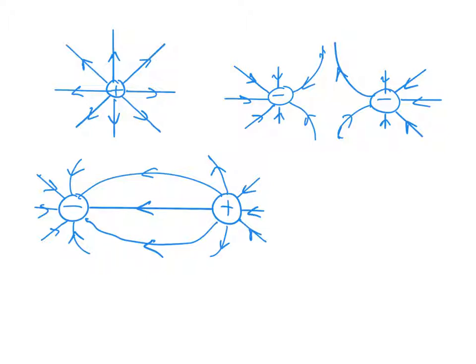Now, actually the whole point of this stuff for this course is leading up to this last diagram. If I have a couple of charged plates, these green lines represent bits of a circuit basically.